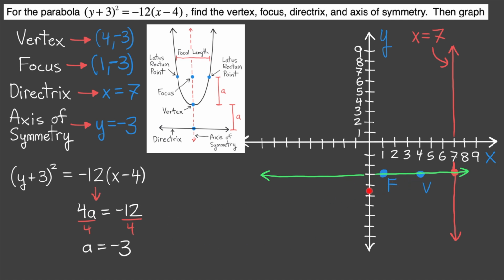All right, so we have our vertex and our focus. Next, we want 2 more points on the graph. So we are going to get our focal length. The focal length is the absolute value of whatever number is in front of the x here, the coefficient in front of x.